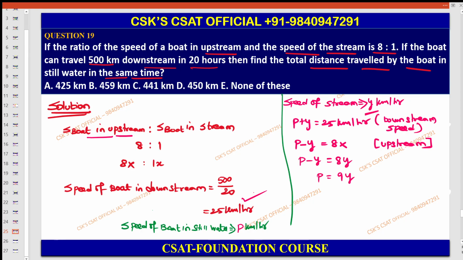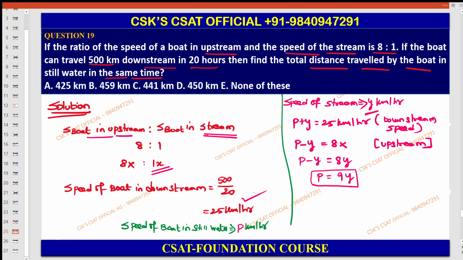Or else you can directly take it as y also. But I don't want that, you keep it separate here. But you need to ensure that you are replacing the speed of the stream as y. This is better. Or else, see here, what is the speed of the stream? 1x.